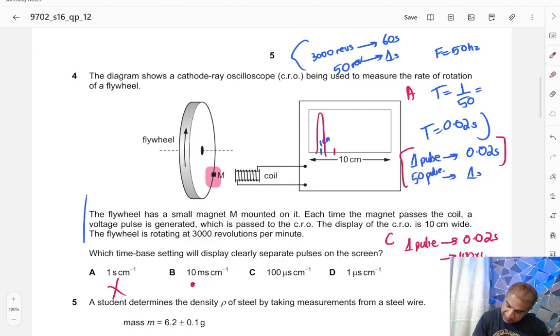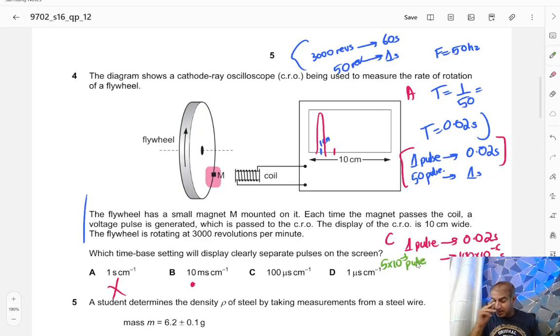So 100 into 10 raised to power minus 6 seconds. Let's find the number of pulses we are going to be seeing. This is going to be very small, but let's just see. 100 into 10 raised to power minus 6, divided by 0.02 seconds. So we are seeing 5 into 10 raised to power minus 3 pulse.